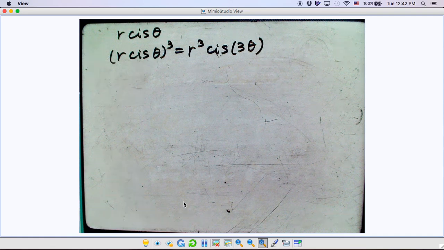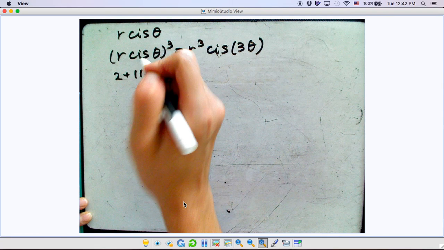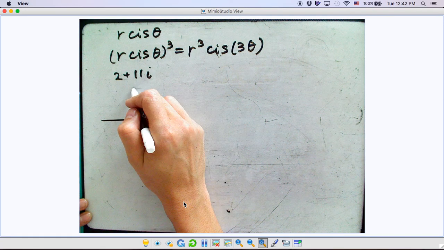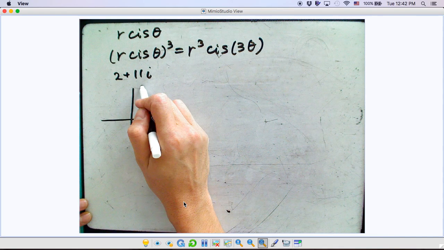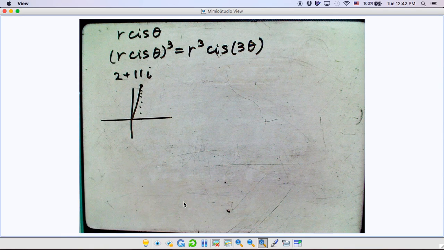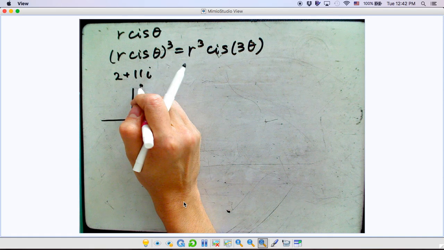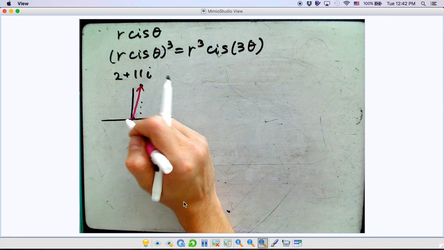And we're going to look at 2 plus 11i, which in the complex plane, you go 2 to the right from the origin and 11 up, somewhere over here, right? And the r is the magnitude, which is the distance from the origin to the point.